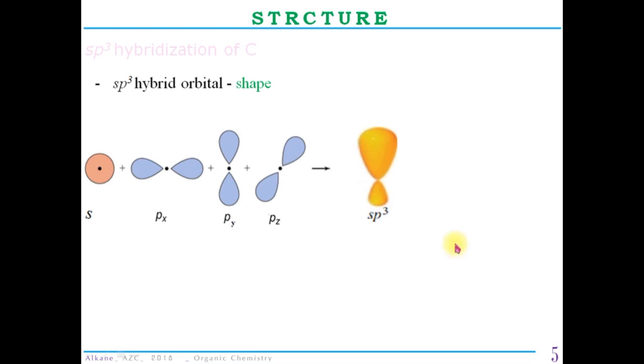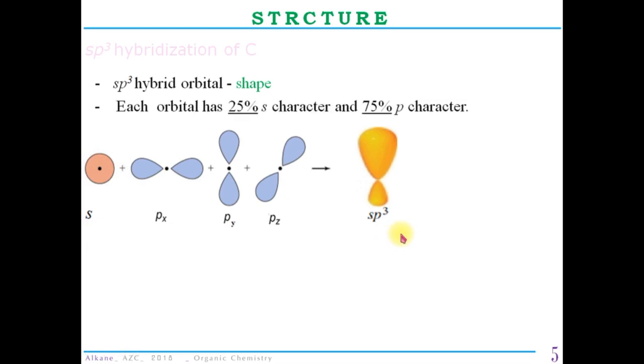To make sp3 hybridized orbitals, we need 4 orbitals, in which three portions are of p orbital and one portion is of s orbital. So we can say that the sp3 hybridized orbital has 75% p character and 25% s character.